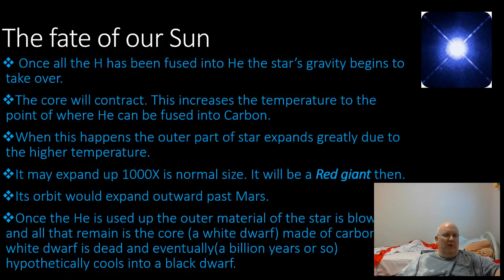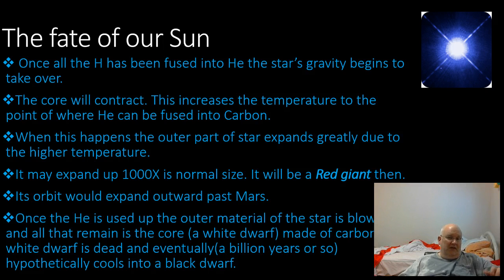So what happens when our sun runs out of hydrogen? Well, our sun is not big enough to do some of the more spectacular end-of-life events that some other stars that we'll look at next video do. Basically, what's going to happen when our star runs out of hydrogen is the core of the star will start to contract.